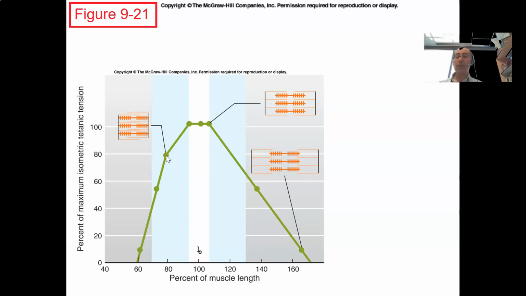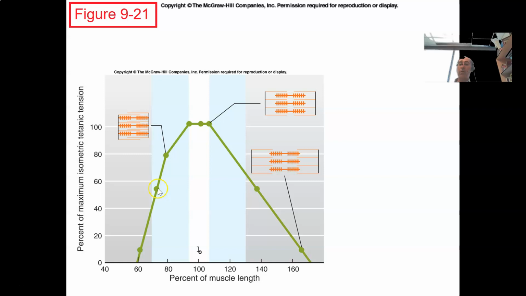Okay, if you shorten it even more, let's say you start at about 70% of the resting length of the muscle. So you pre-select 70% of whatever 100% length would be, okay?